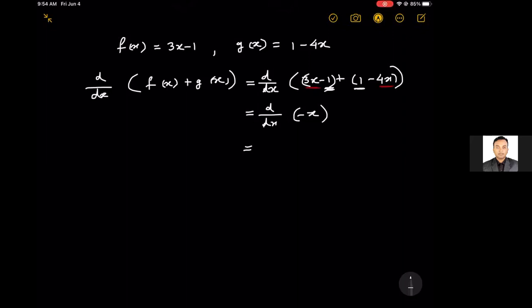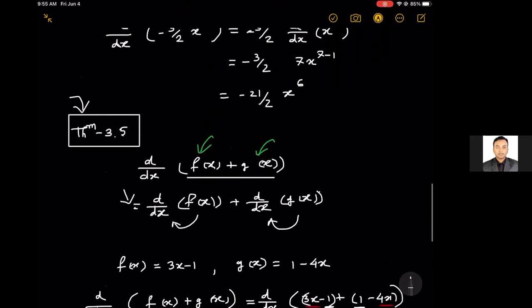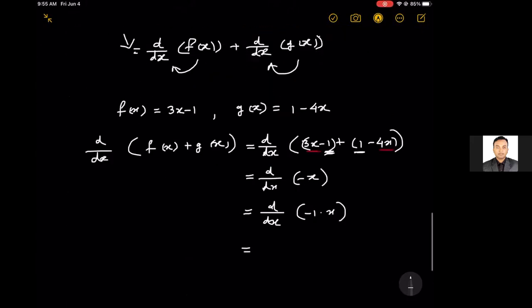Very good. So what you can do, this negative 1, let me rewrite it first. You don't need to do that. I'm just trying to show. This negative x can be written as negative 1 times x, right? And using the previous theorem, where if you have a constant, you can keep the constant outside. So negative 1 is a constant.